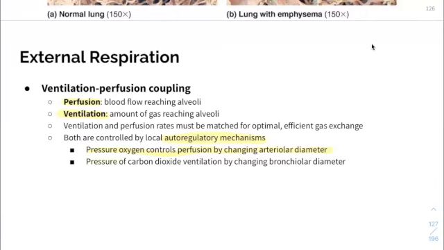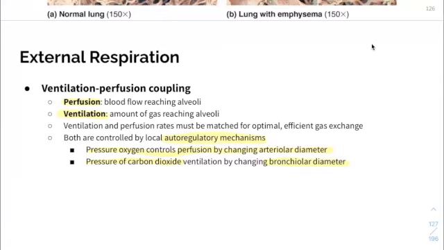That pressure of that carbon dioxide can change the bronchiolar diameter. So those airways that take the air to and from the alveoli, they can change diameter depending on how much carbon dioxide there is in the lungs.